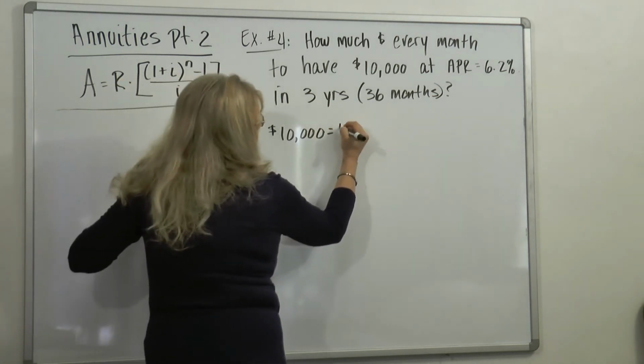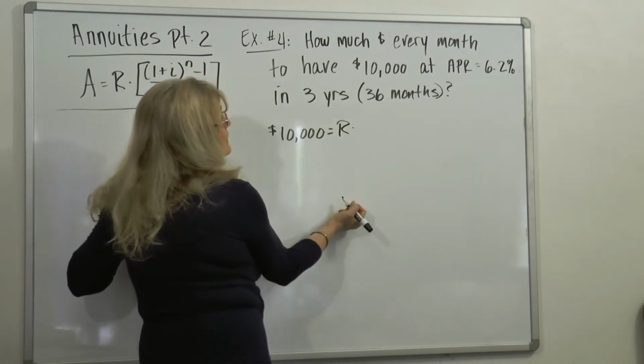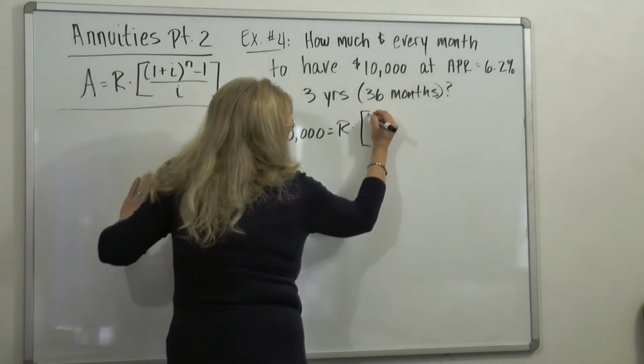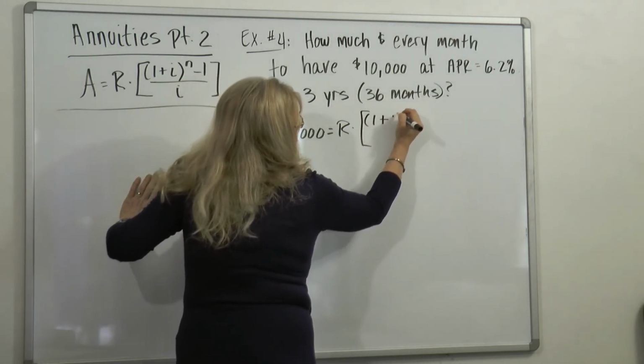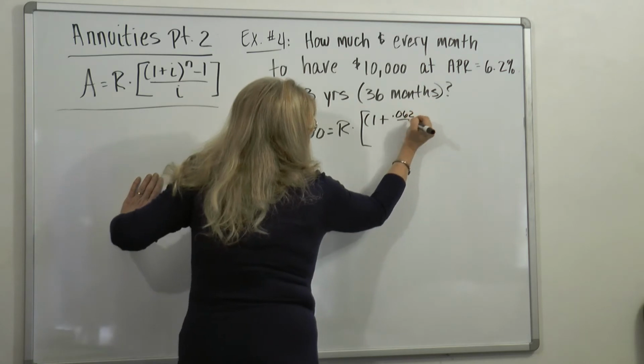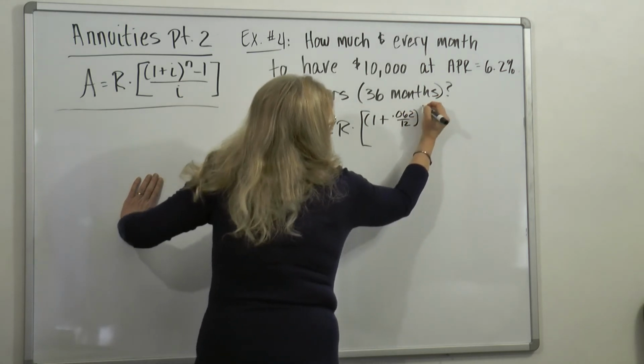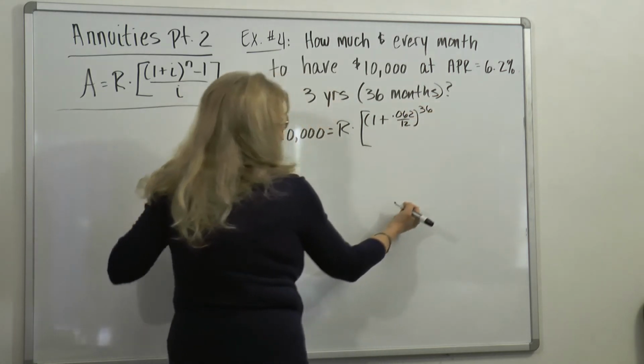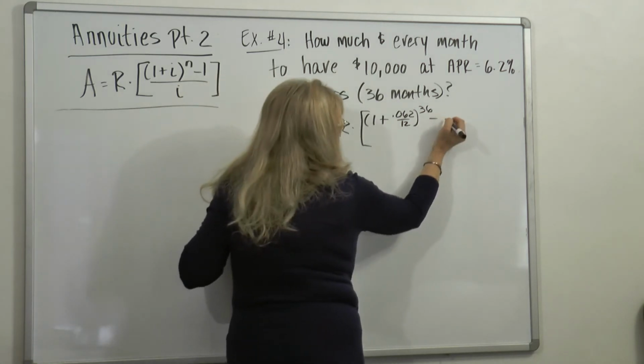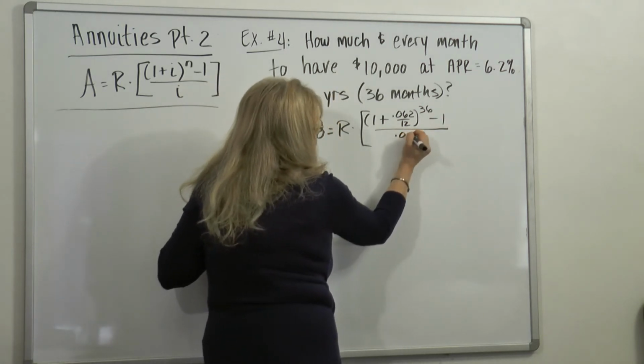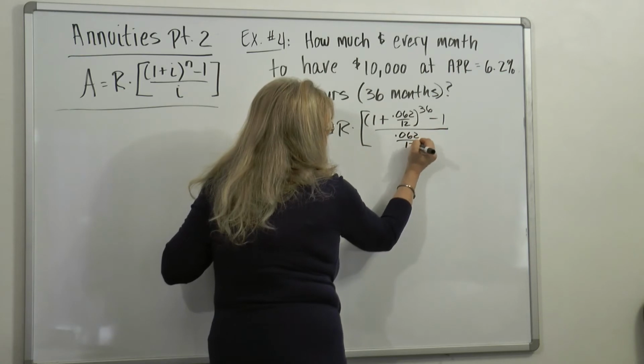Beginning amount, I don't know. That's what I'm trying to find. Then I have 1 plus 0.062 over 12 to the 36, total number of deposits, minus 1 over 0.062 divided by 12.